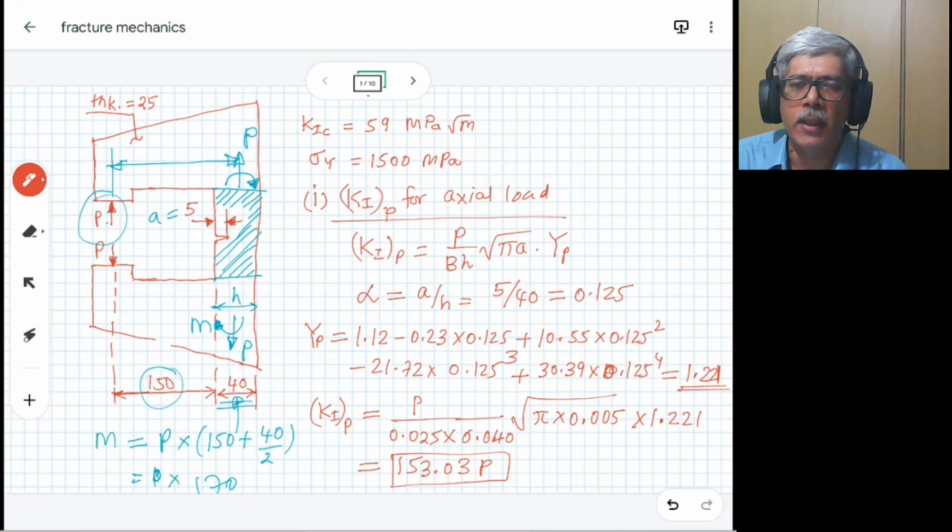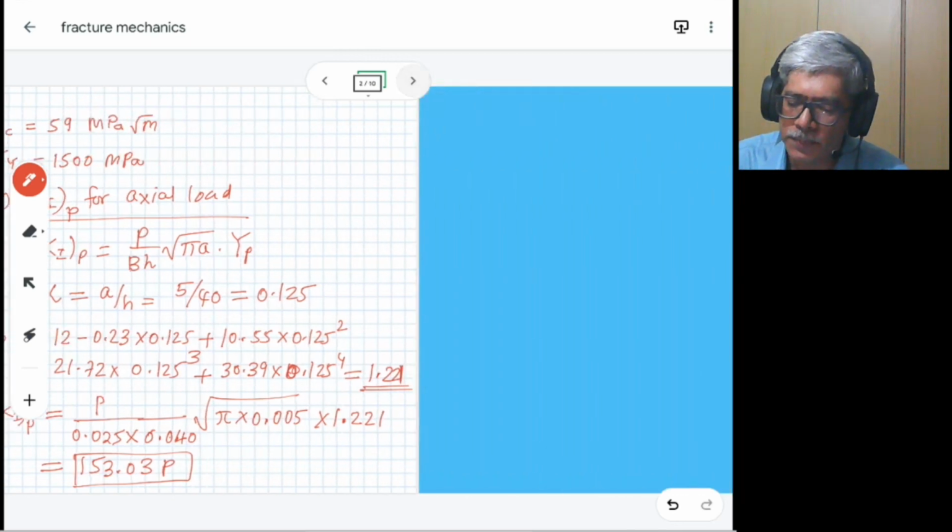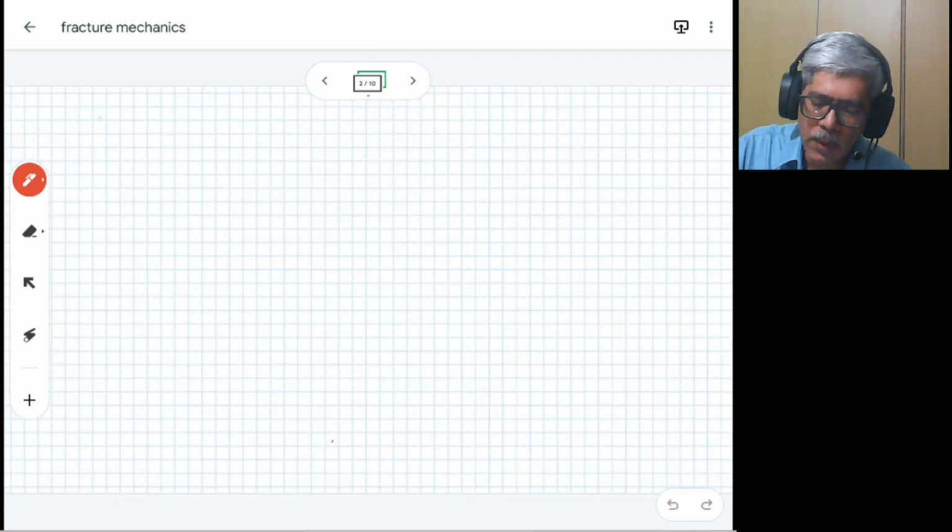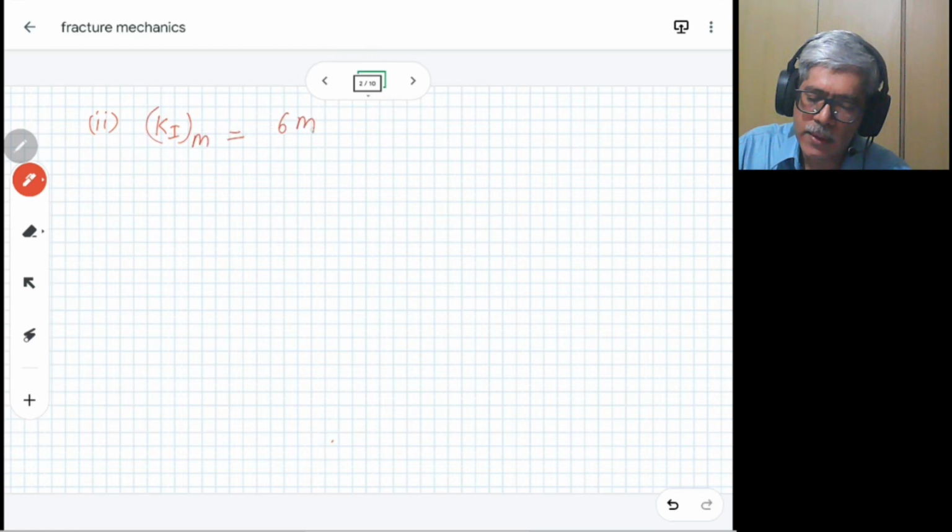Now we'll do a similar calculation for the stress intensity factor under the action of only the bending moment, and then we'll combine the two together. So second, we'll determine K1 under M, which is given as 6M divided by BH square, under root pi a, into YM.